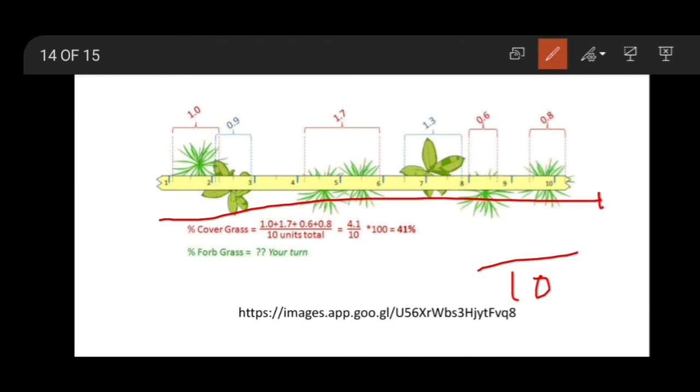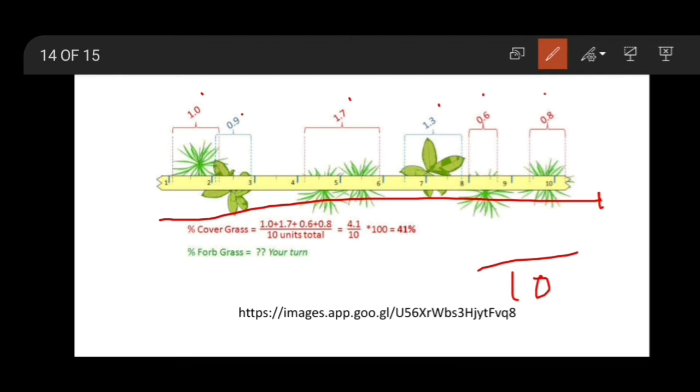What we have to do is add all these points: 1.0, after that 1.7, after that 0.6 and 0.8, in red only. So 4.1 divided by 10, and into 100 it gives 41%.